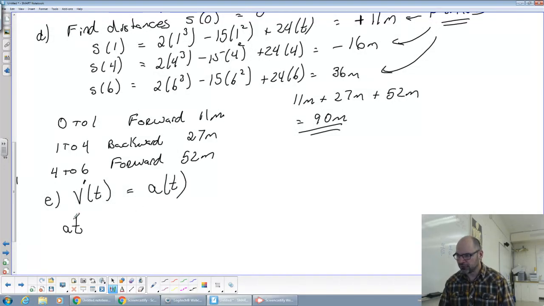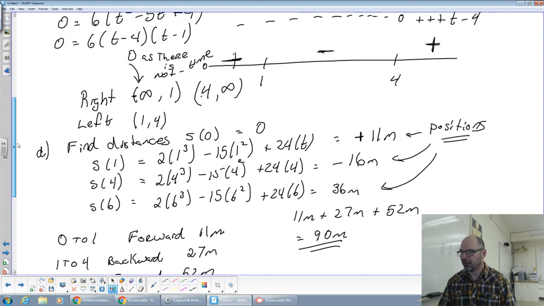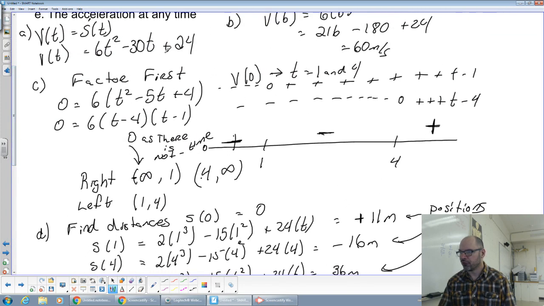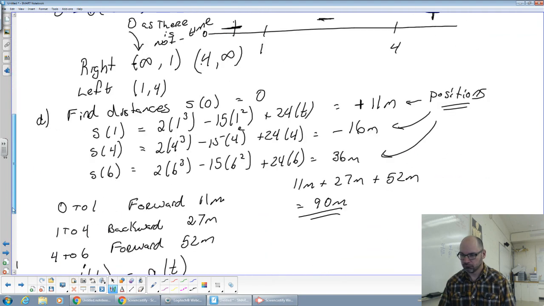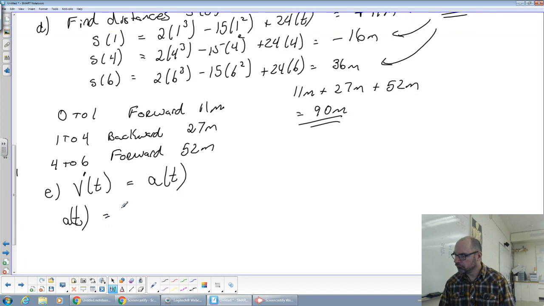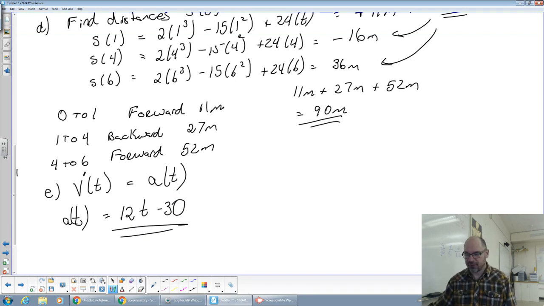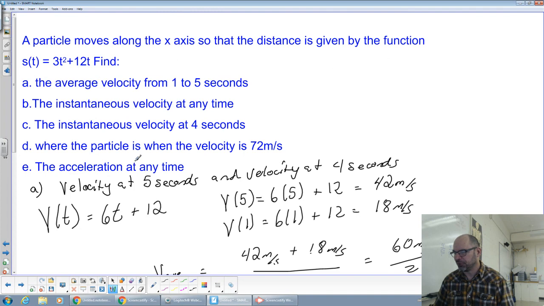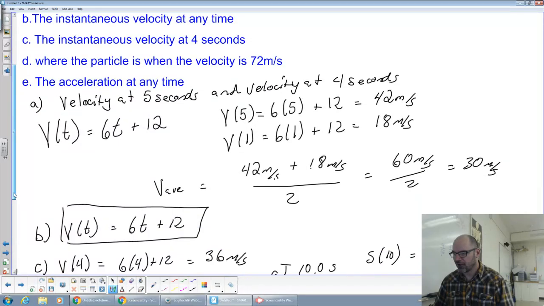So the acceleration is the derivative of the velocity equation, which in our case, if we look at the velocity equation as being this one right here, and we take the derivative, that would be 12t minus 30. Okay, and that's basically the whole point, the relationship between distance and time.